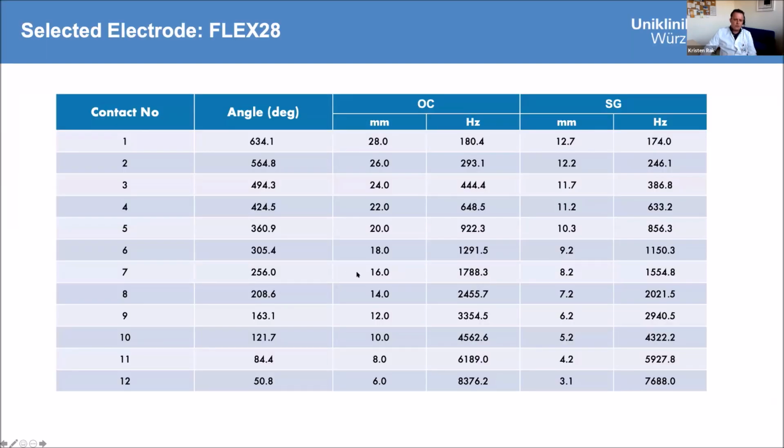Postoperatively, we do not perform in children a CT or MSCT or flat panel volume CT scan yet because of still this radiation problem. So I cannot show any postoperative results with the AutoPlan software.